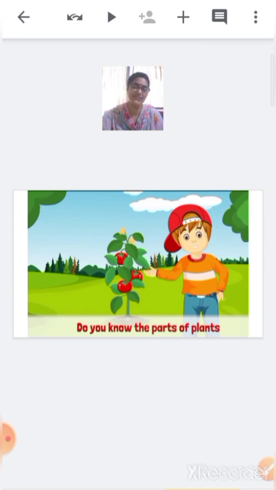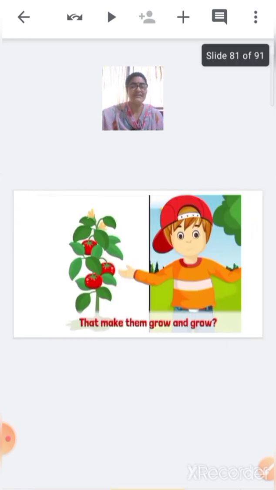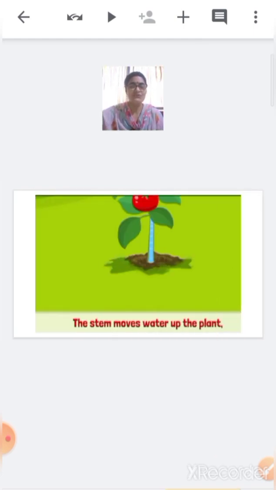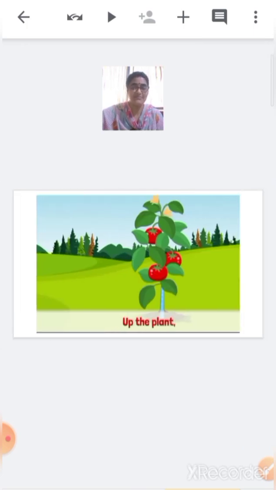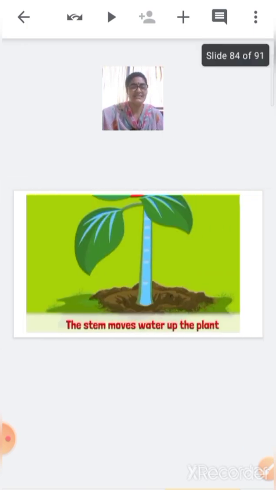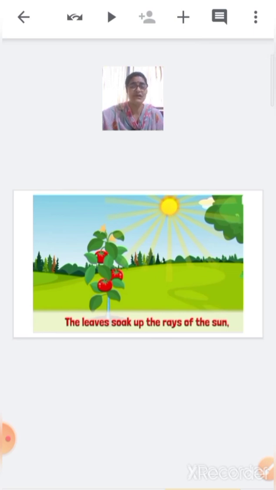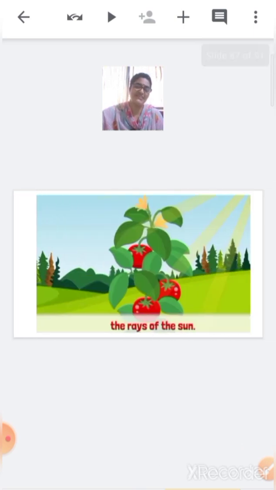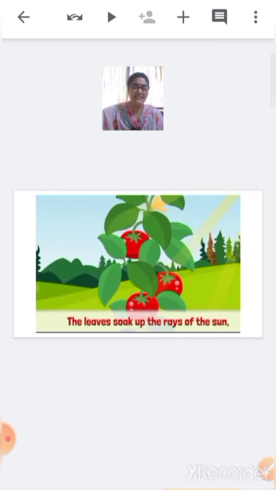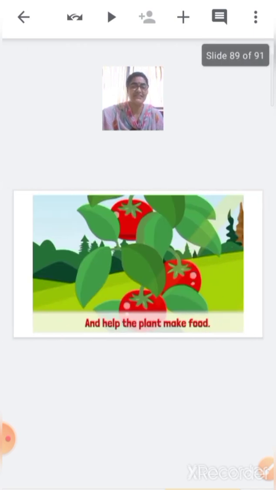Do you know the parts of plants that make them grow and grow? The stem moves water up the plant, brings water to the leaves. The leaves soak up the rays of the sun and help the plant make food.